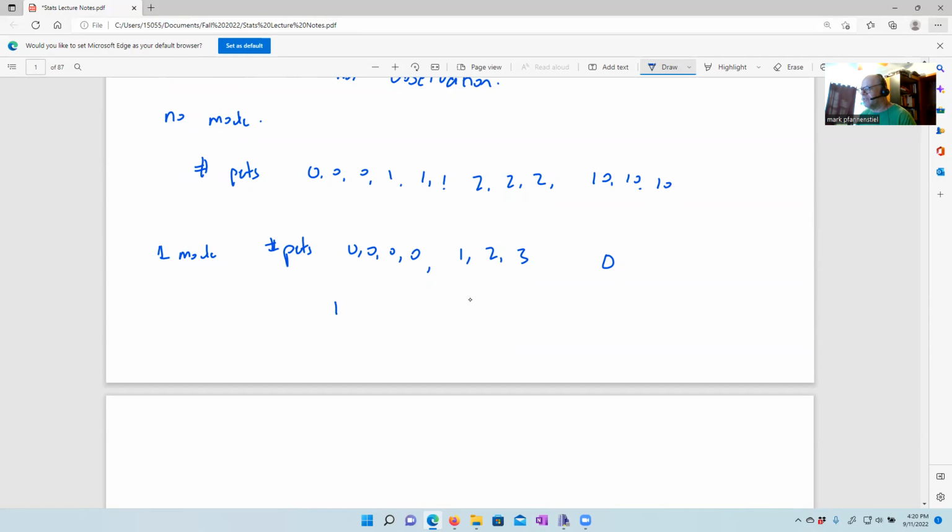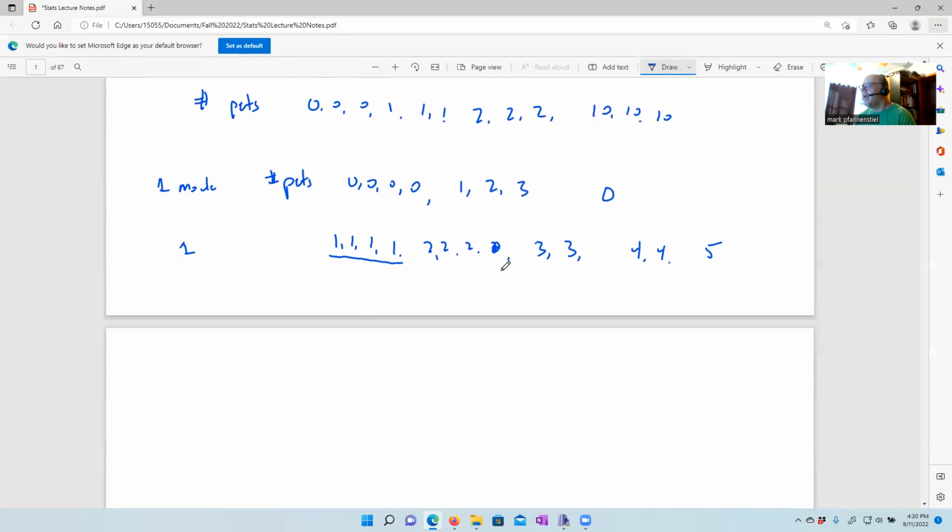If we do something like 1, 1, 1, 1, 2, 2, 2, a couple of 3s, a couple of 4s, and 5, again, 1 is the number that appears most commonly in this list. You could have multiple numbers show up multiple times, but 1 appears the most times. So there is one mode, and that number happens to be 1.